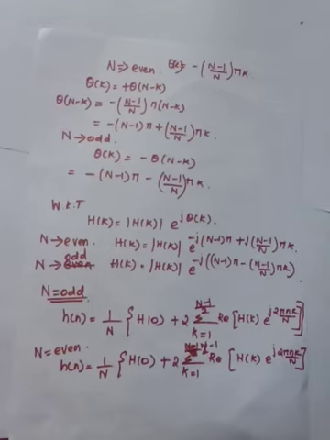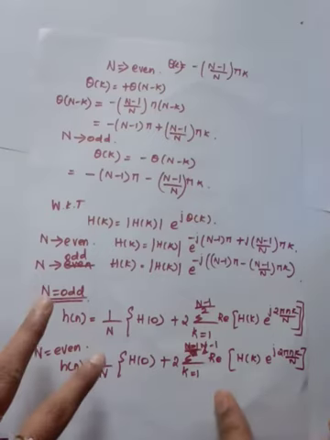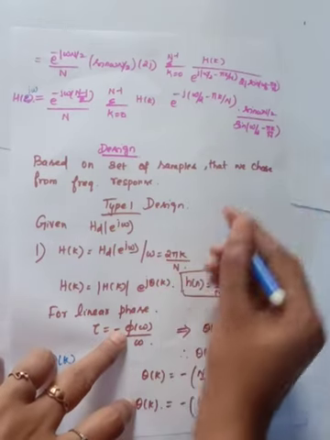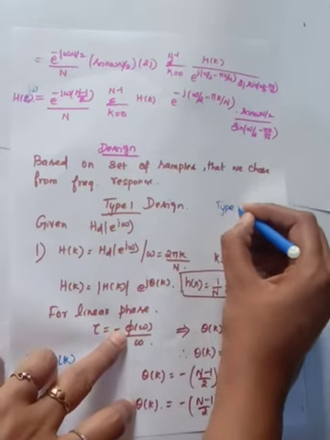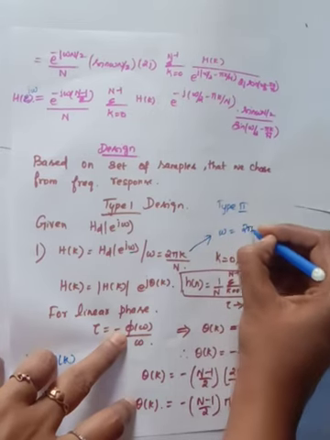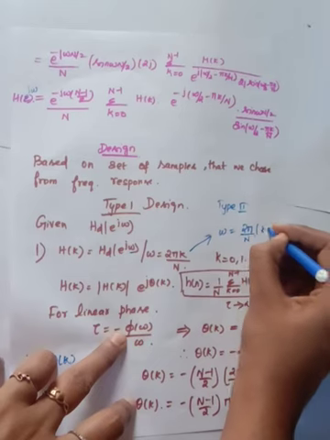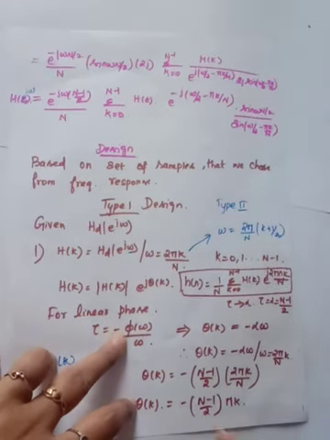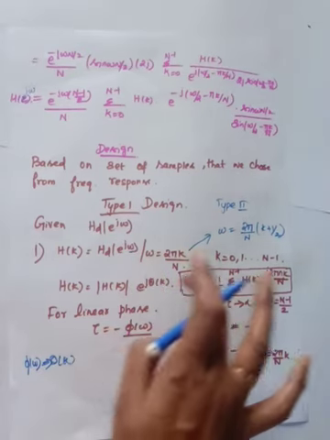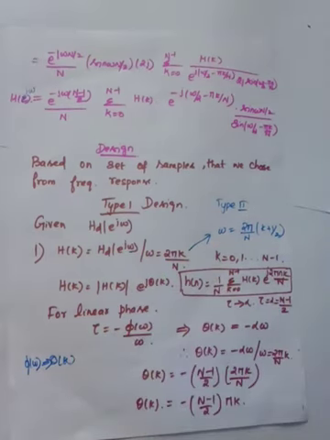In the type 2 design, there is only one difference: instead of omega equal to 2 pi k by n, we are going to substitute omega equal to 2 pi by n into (k plus 1 by 2).